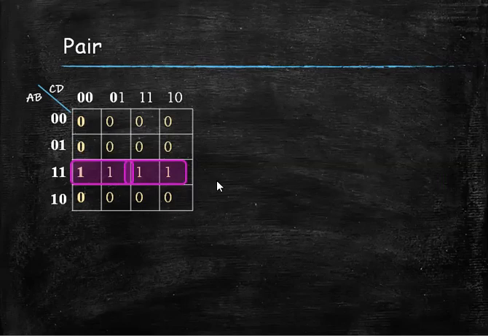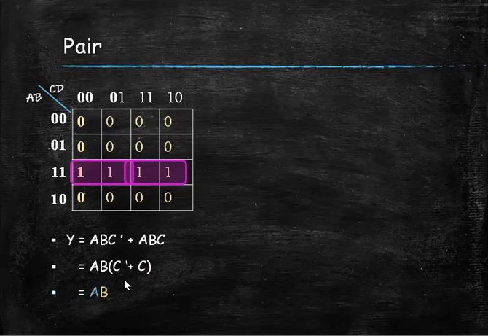Okay, we know that for the first pair, the product term must be A B C bar, and for the next pair it must be A B C. Okay, then the expression for y must be A B C bar or A B C. Using the Boolean algebra, we can further reduce it as AB.